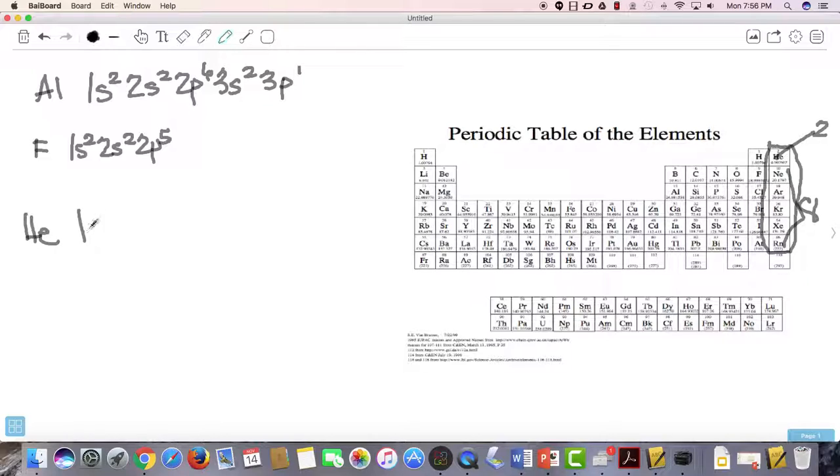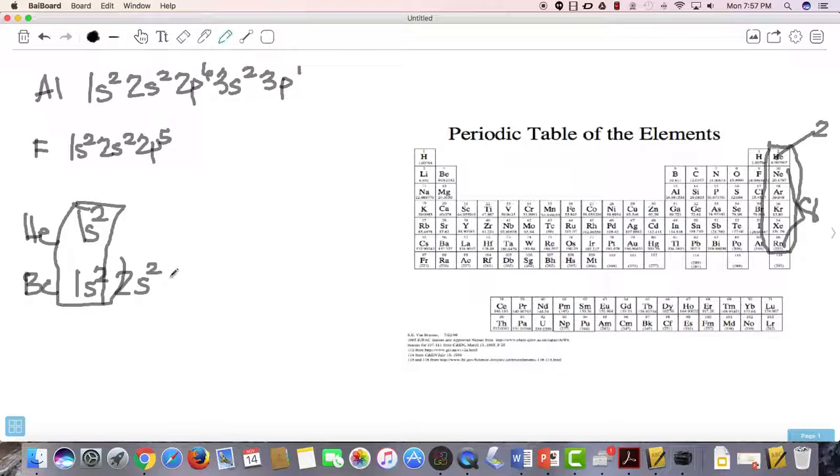Helium has an electron configuration of 1s2. Beryllium has an electron configuration of 1s2, 2s2. Now, when you compare those two electron configurations, what do they have in common? You see that they have the 1s2 in common.